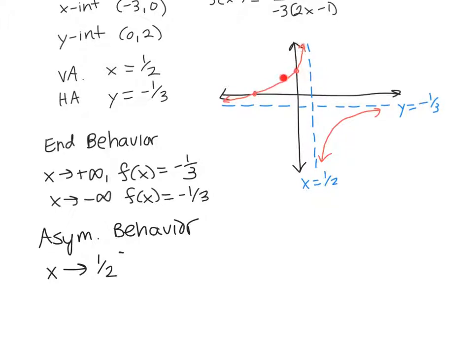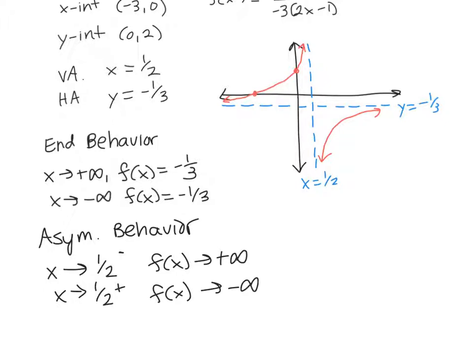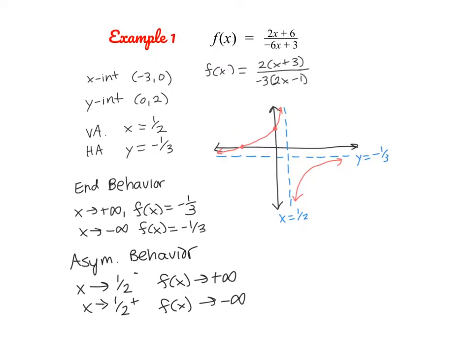So if I trace it, as I'm approaching from the left, I see that my graph is going up forever. So I say f of x approaches positive infinity. And then here, as x approaches 1/2 from the right, I can see that my graph is going towards negative infinity. So that would be our asymptote behavior.